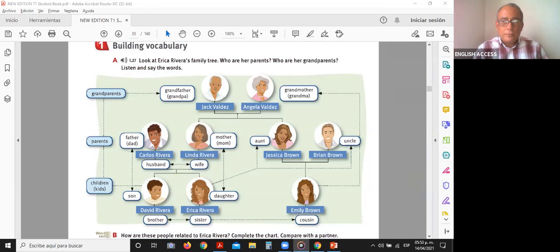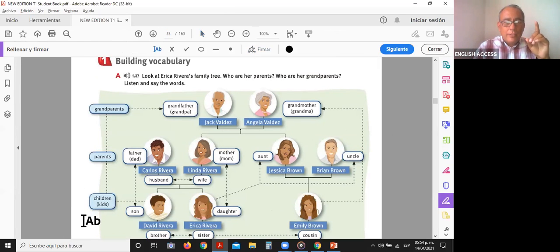Let's move on. Kids. Similar to children. Children means son and daughter together, or two sons or two daughters. Children is plural. The word for only one in the family is this one.